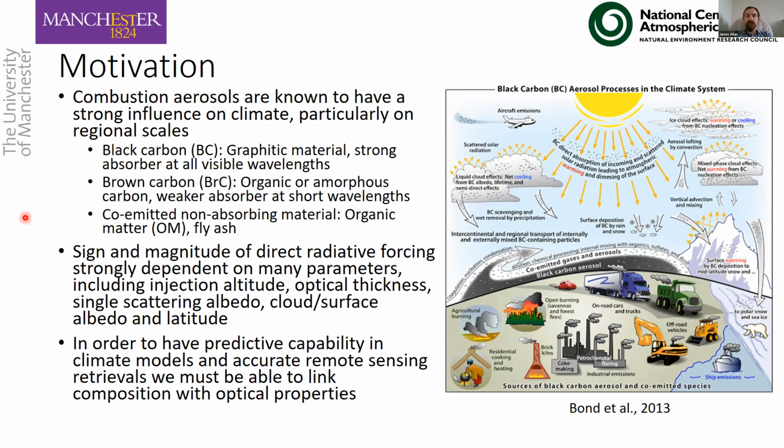But at the moment, we lack good predictive skill in climate modelling, and that's due to a whole range of factors. One of them is that we are still in need of a good model to link composition, as predicted by a composition model, with the optical properties we need in the radiative model.